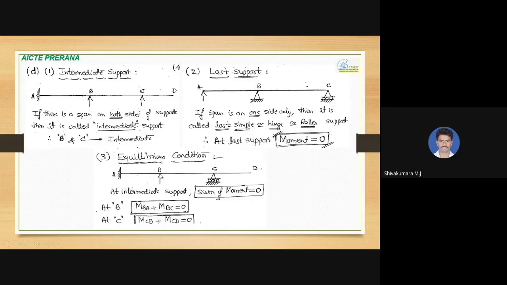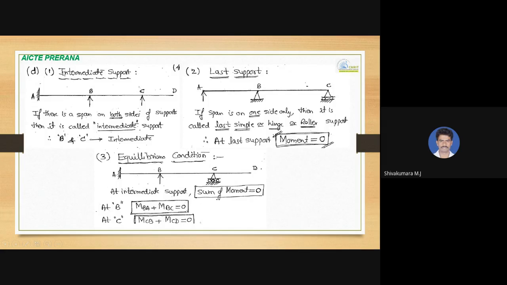Here B is an intermediate support and C is an intermediate support. So at B, MBA plus MBC, the net moment, will be equal to 0. And at support C, MCB and MCD, you add, and the net moment will be equal to 0.